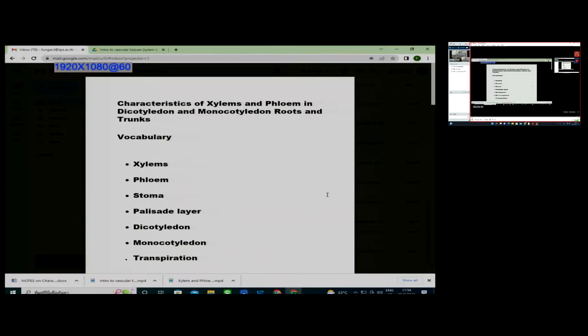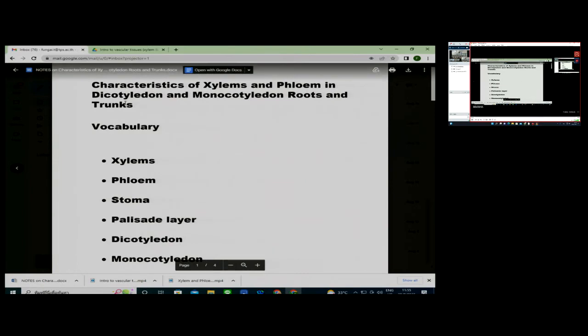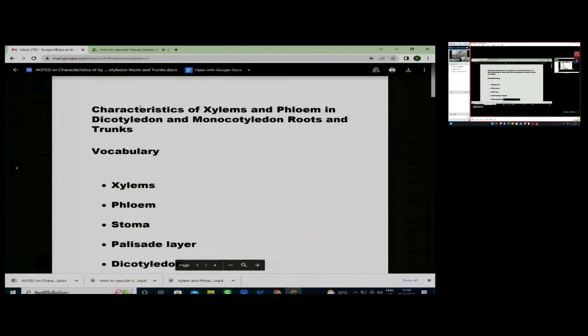Okay, so we are looking at the characteristics of xylems and phloems in dicotyledon and monocotyledon roots and trunks.